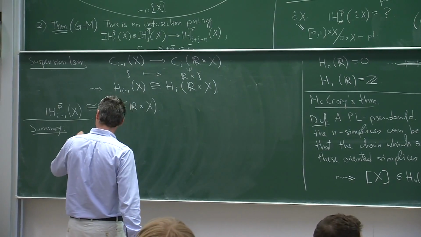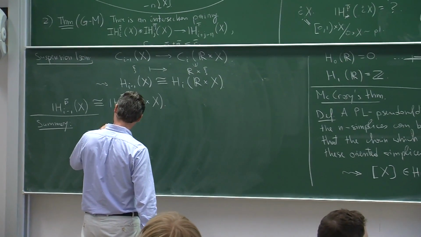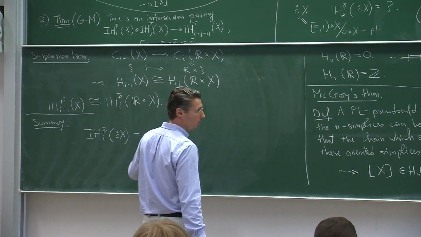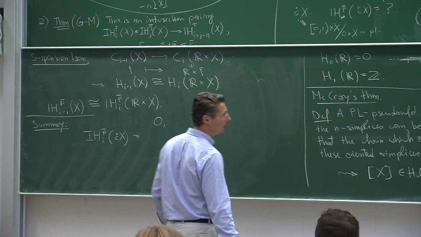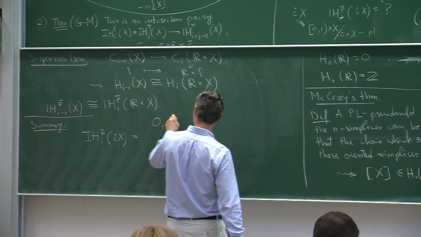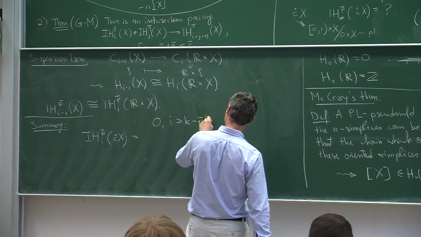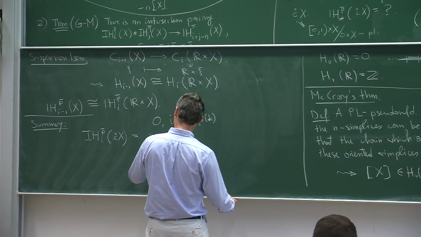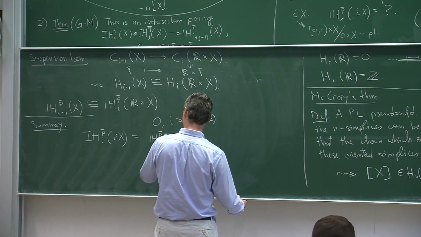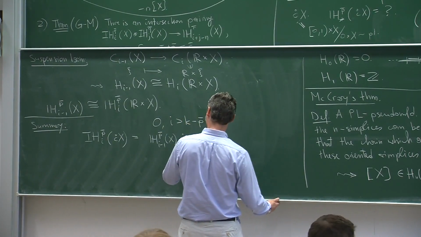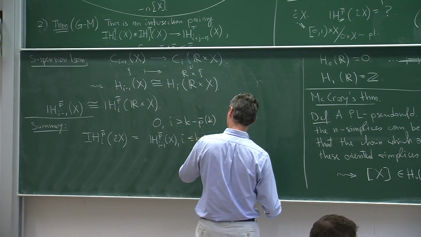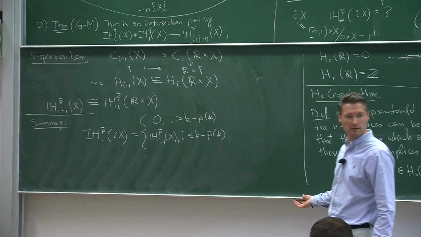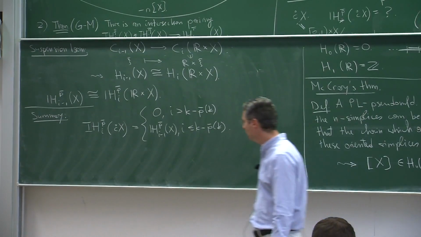How do you compute the intersection homology of a cone? Well, it's 0 when i is greater than k minus pk, and it is IH_{i-1}^p of X when i is less than or equal to that number. So that is a fundamental fact about intersection homology of a cone.